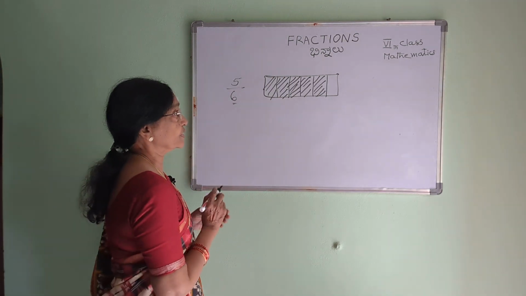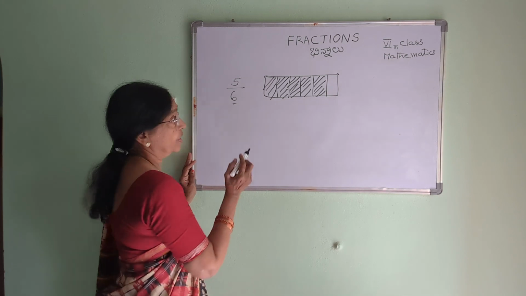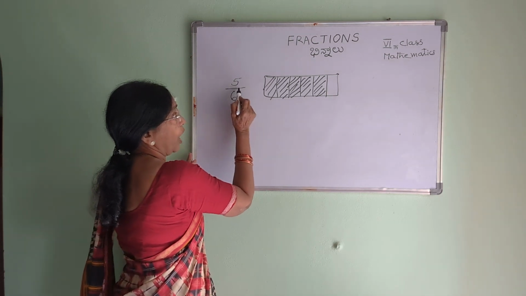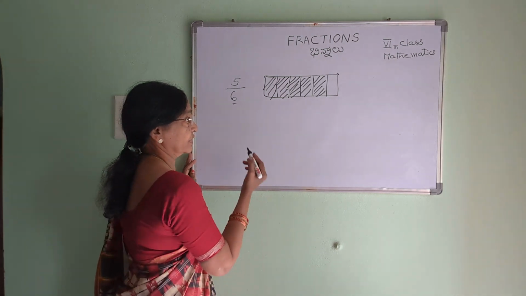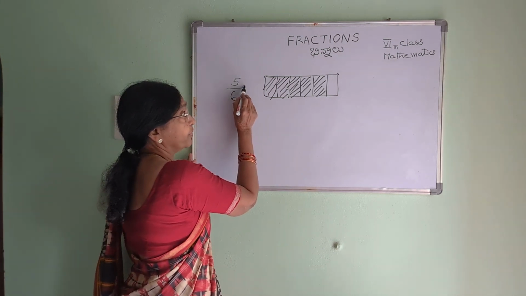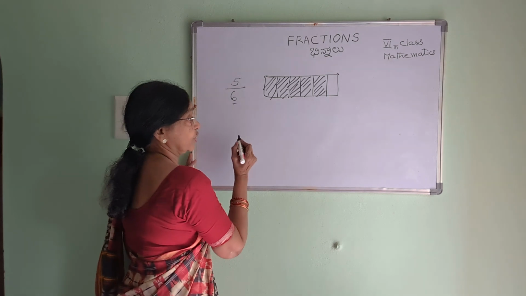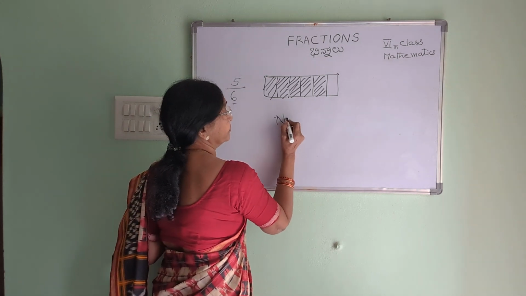Here in fractions, there are 2 parts. One number is above the horizontal line, and the other number is below the horizontal line. The number above the horizontal line is called the numerator.